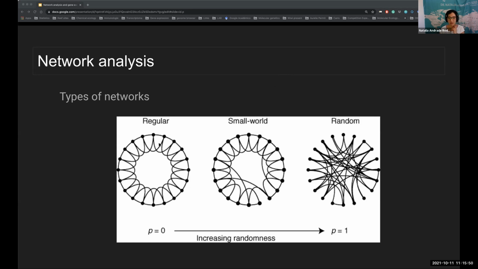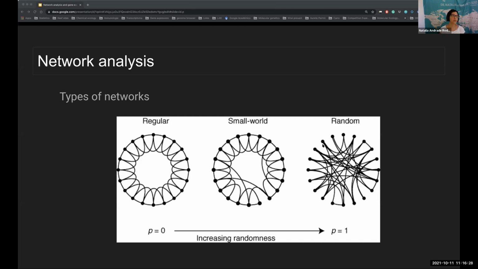All the nodes are connected in the same way. There is this small world network that I will go into in more detail later, where most of the nodes are connected, but it's not a very regular pattern. And then there is the random connection between nodes that doesn't have any structural element, let's say.